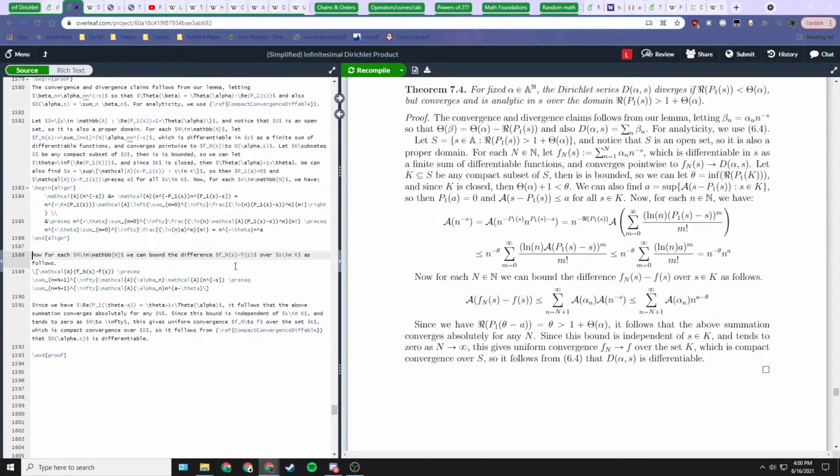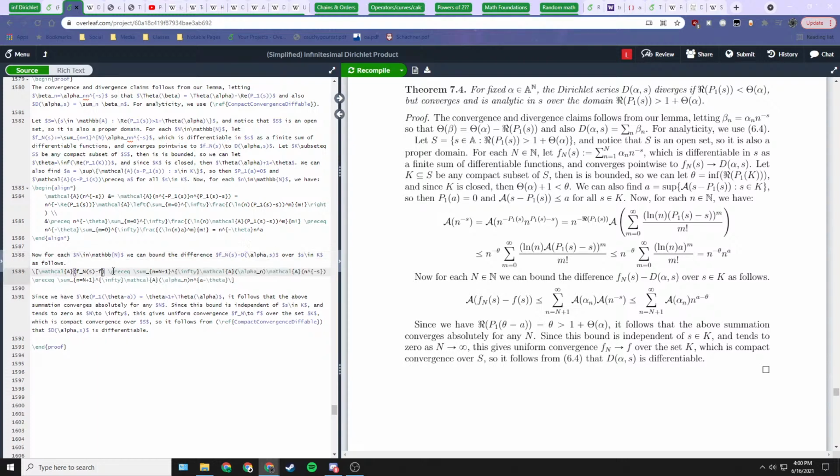And here we want to say we combine this difference f_n(s) minus d alpha s over s and k. So then this will be that.